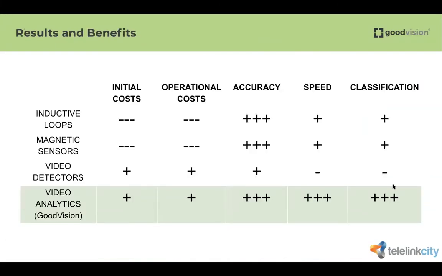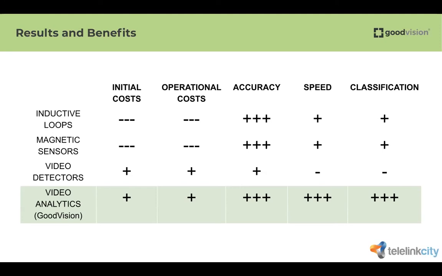Yeah, thanks. So in this table, I tried to summarize the advantages and disadvantages of all the different technologies that we have experience with. The inductive loops and magnetic sensors have very high initial and operational costs, as they need construction works to put them in the pavement.